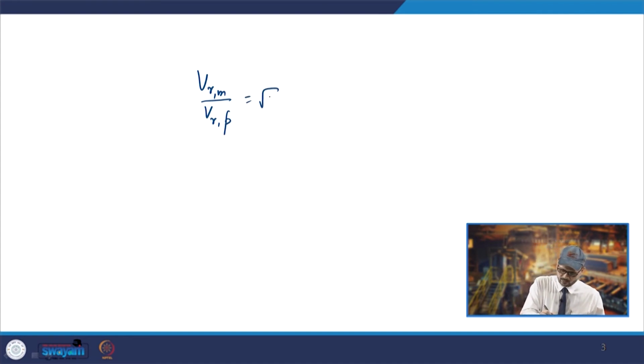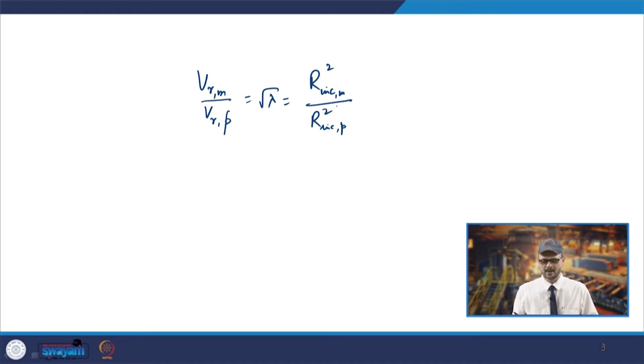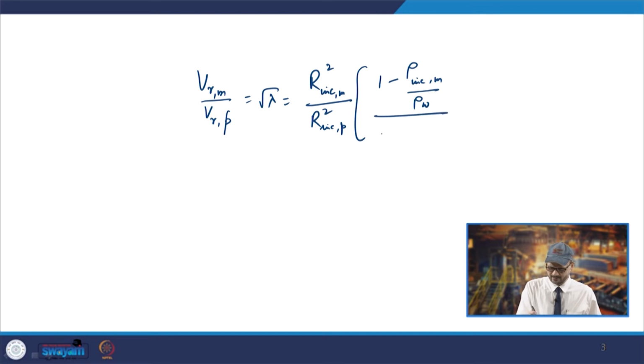Taking the ratio from the earlier expression, it will be R inclusion of model squared, divided by R inclusion of prototype squared, and then you will have 1 minus rho inclusion model by rho water, divided by 1 minus rho inclusion prototype by rho steel. So, that is what this ratio is coming to.